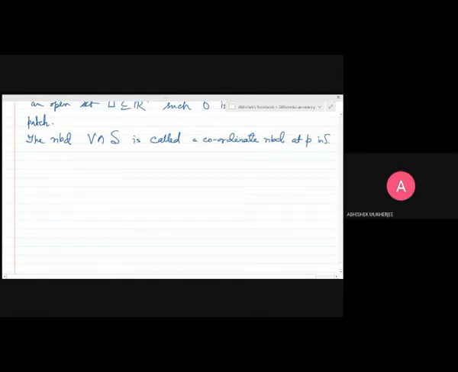So let us have a look at the familiar form of condition 2.